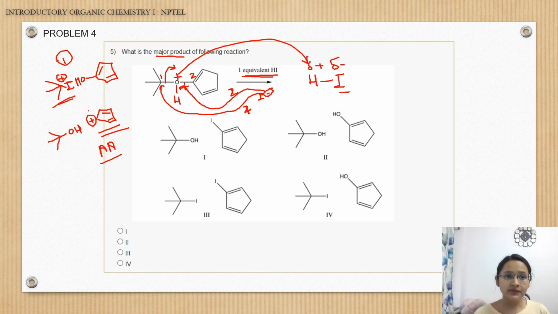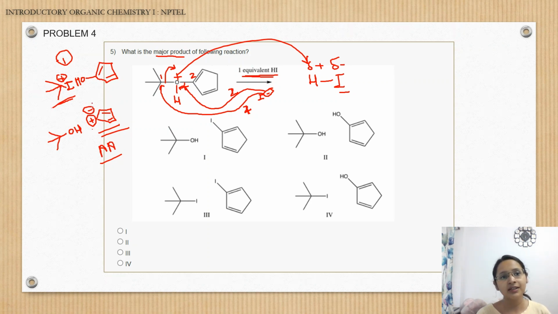If there is a negative charge on this particular carbon, then it would become an aromatic system. So this cyclopentadiene will prefer a negative charge at this sp3 carbon rather than a positive charge, because a positive charge will make it anti-aromatic and a negative charge will make it aromatic. So an aromatic system is more stable than an anti-aromatic system.